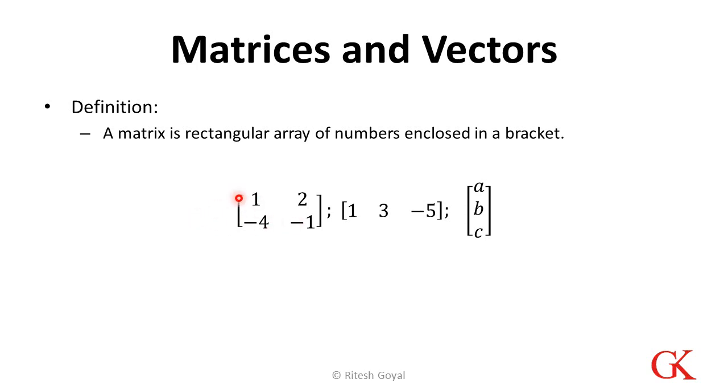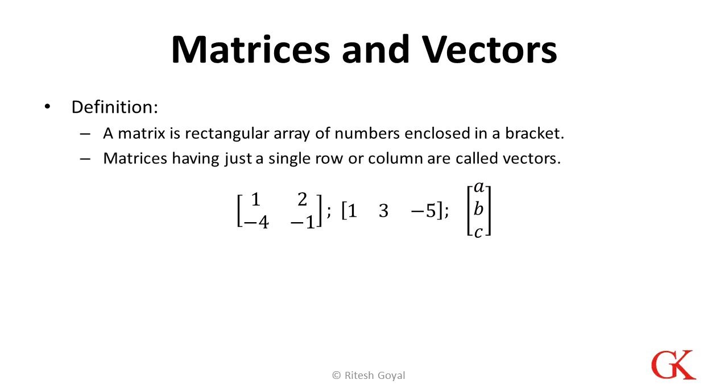This number is called the number of rows in the matrix. In the same way, if we count left to right, how many vertical columns there are, they are called the number of columns in a matrix. So the first matrix is a 2 by 2 matrix, the second one is 1 by 3, and the third one is 3 by 1 matrix.